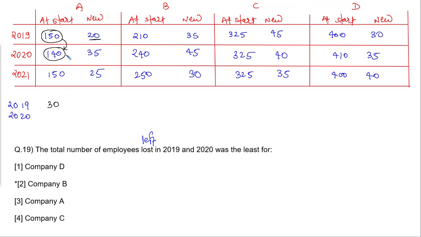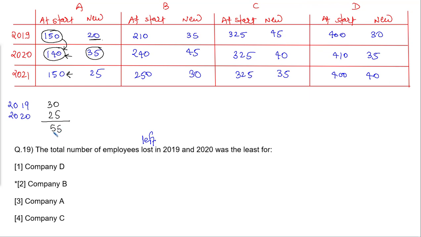So over here 140 employees are there, here 150 employees are there, means 10 employees are new. Means out of these 35 employees, only 10 employees retained. Means the remaining 25 left. So total employees left from company A during these 2 years is 55.